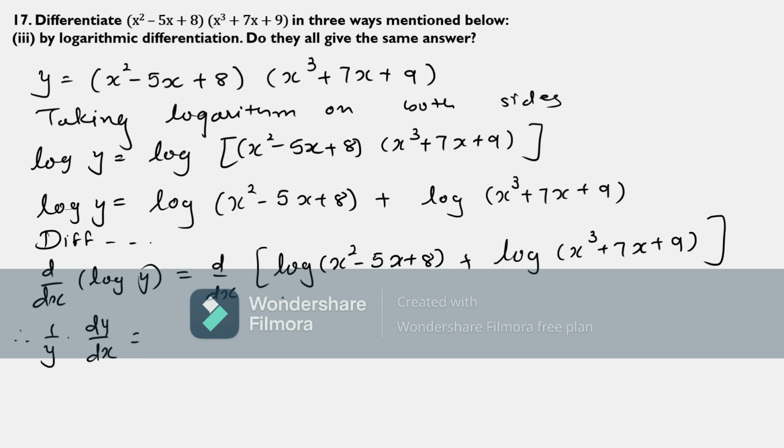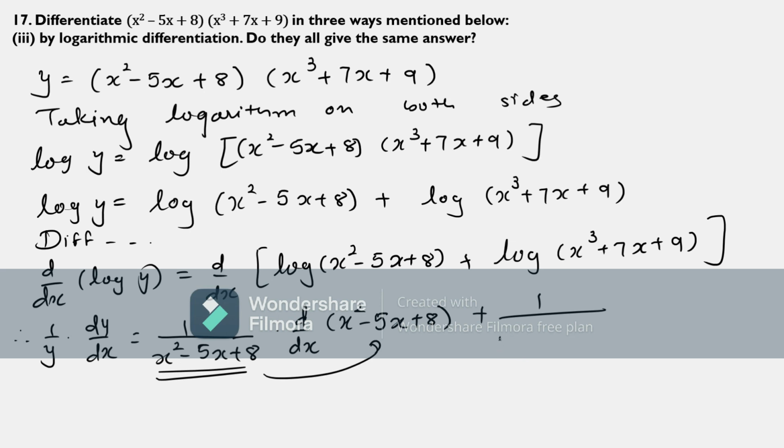And here log of so and so thing will go in the denominator, but since we have to apply the chain rule, whatever is in the denominator, we have to differentiate that thing also for log, right? Same thing for the second term, log of this will go in the denominator, but the differentiation of that should be multiplied as per the chain rule.